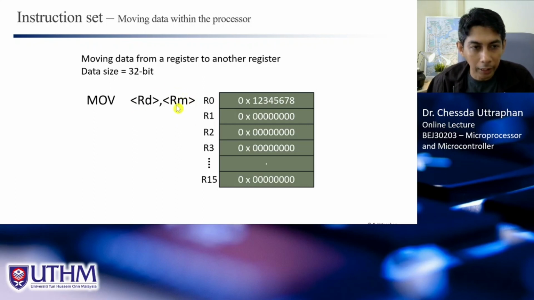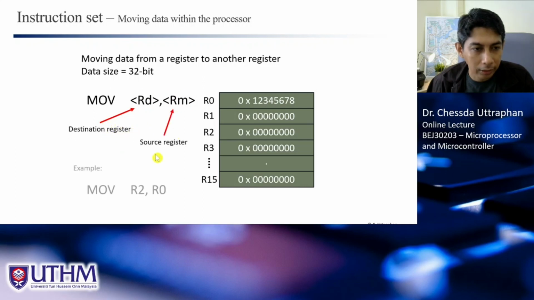So we will move the data from the source to the destination. For example, this is destination. This is source. For example, we want to move the data from R0 to R2. So this is R0 and this is R2. And remember in our microprocessor, the ARM microprocessor that we learned, the size is 32-bit.